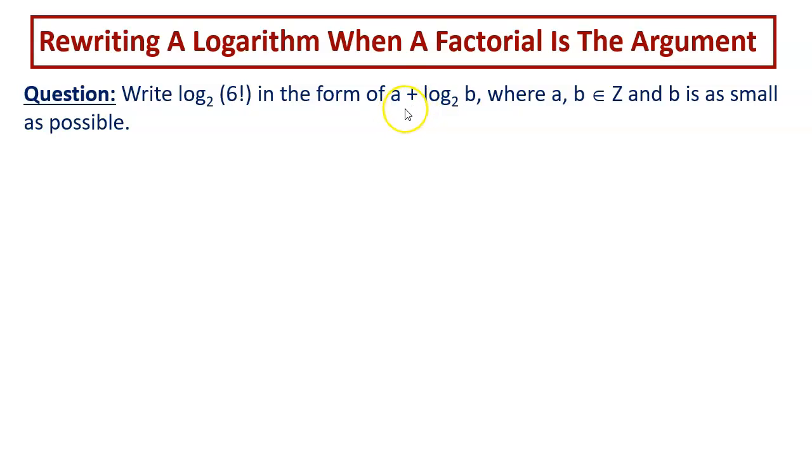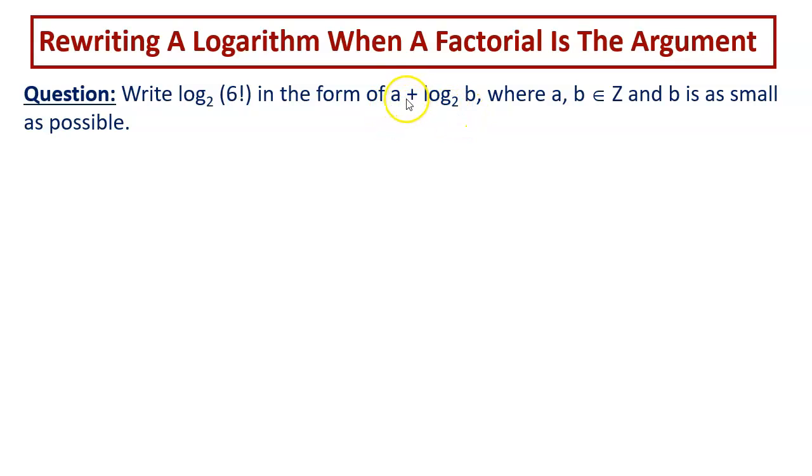But since we are not having any log part in this term, we may say that this term was log of 2 to the power of a to the base 2, because a was in the power, that's why a came down, and log of 2 to the base 2, because the base is 2.